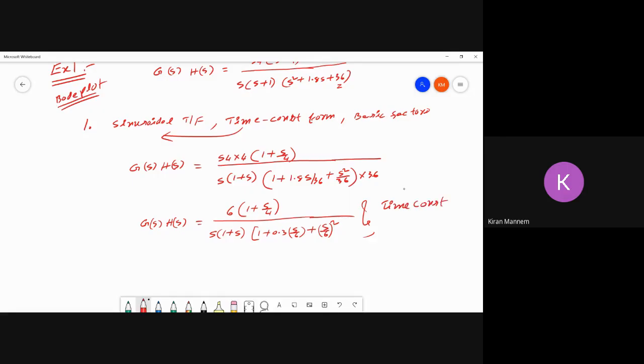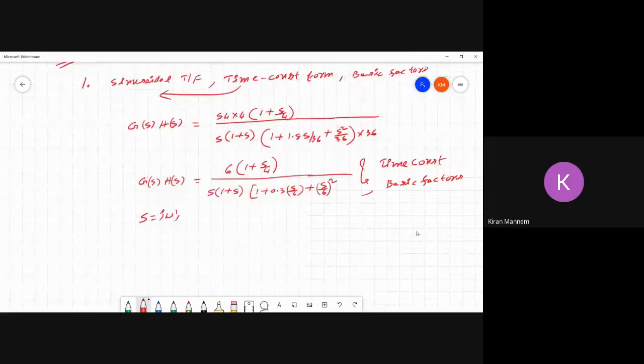And also we wrote it in the basic factors. Right? So let us stop here. You just replace s equal to jω and you will get the sinusoidal transfer function. We finish this first step and we will continue later. Let us write the sinusoidal transfer function G(jω)H(jω).